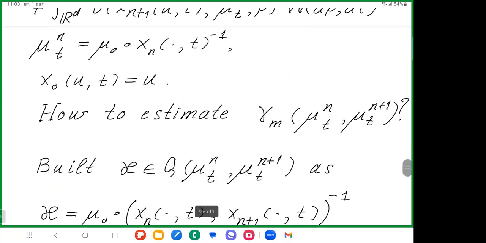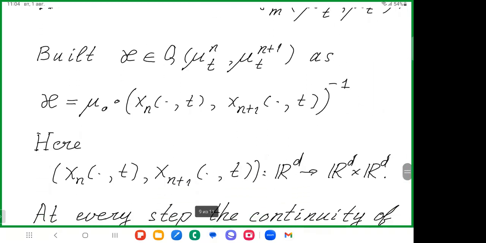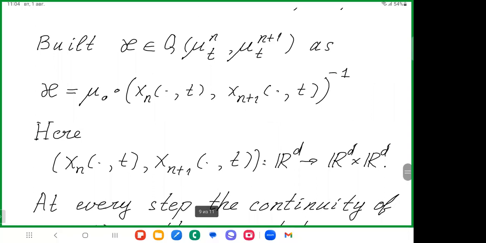Now it can be done as follows. Build kappa, which belongs to Q(mu tn, mu tn+1), as follows. It will be the image of the initial mu0 under such a mapping. So we have a two-coordinate mapping. Every coordinate is Rd, but we have a two-coordinate mapping. One is xn, another one is xn+1. This is the mapping. It acts from Rd to Rd multiplied by Rd.